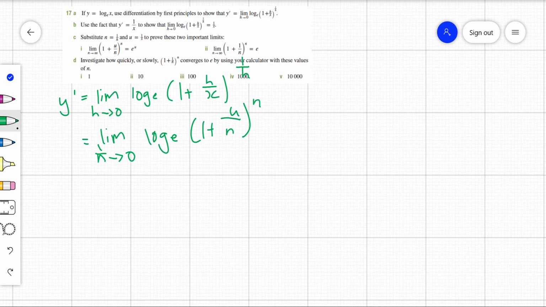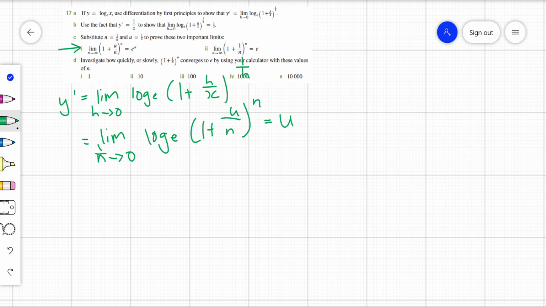Tricky, and we know that equals, we just said 1 on x, so 1 on x is, in this case, u. Alright, so we've almost got this, because we've got the 1 plus u on n to the power of n, and that should be u, that's correct.